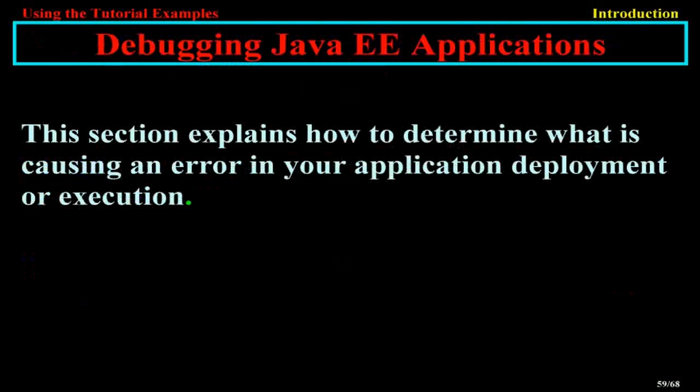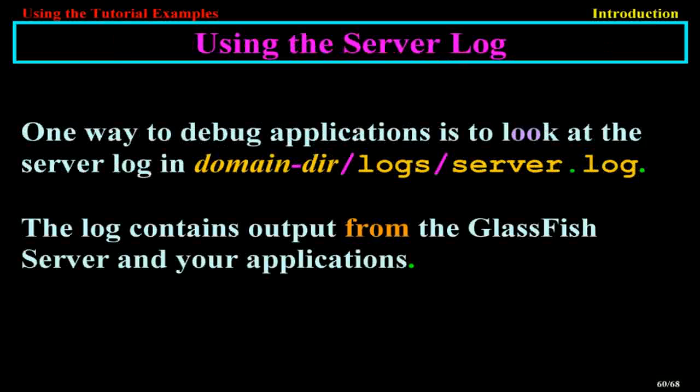Debugging Java EE applications. This section explains how to determine what is causing an error in your application deployment or execution. Using the server log: one way to debug applications is to look at the server log in domain-dir/logs/server.log. The log contains output from the GlassFish server and your applications.